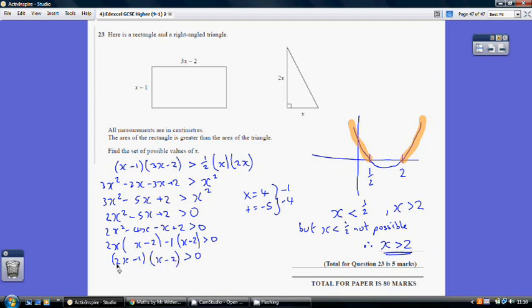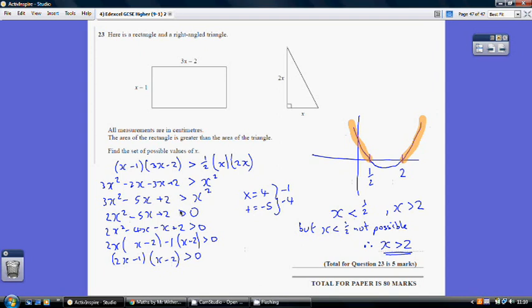Now, to get my range of values, I think a sketch is helpful now. Now I know that this is a positive parabola, a smiley face, and its solutions, its roots, are when x equals a half, that makes this first bracket 0, and x being 2, that makes the second bracket 0. And it's a smiley face, as I said before.